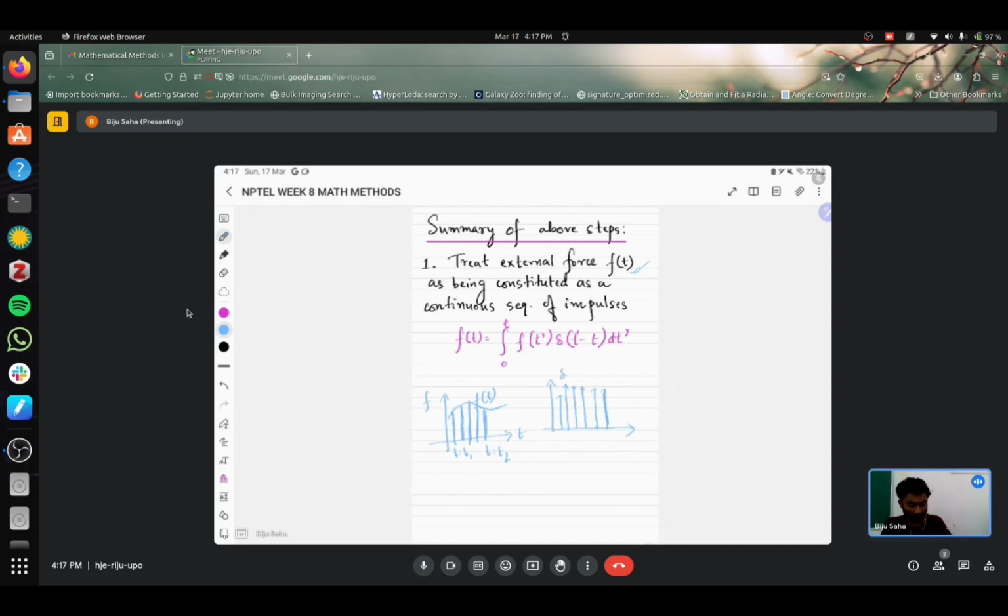These are the various Dirac deltas, and we are modulating the height of each with the original function's description.